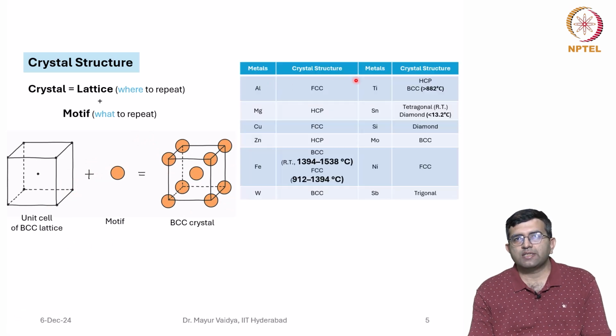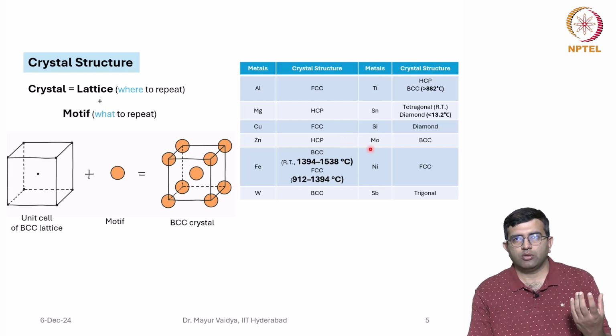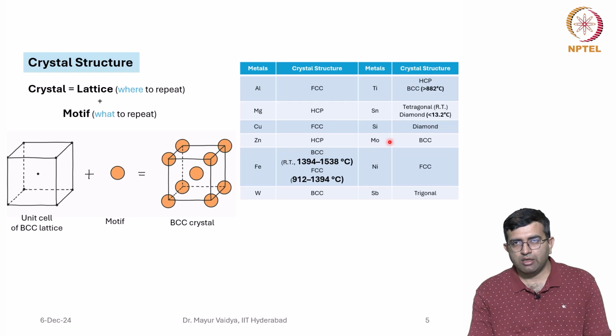So, these are some of the main elements for which the crystal structure is given. Of course, there are several others you can try to find out, but you can see FCC, HCP. Luckily for us, most of the metals crystallize in simple cubic structures, but there are definitely metals or other elements which crystallize in different structures.